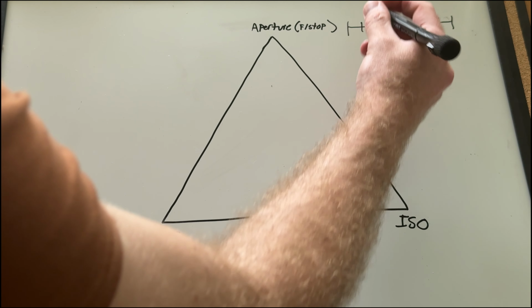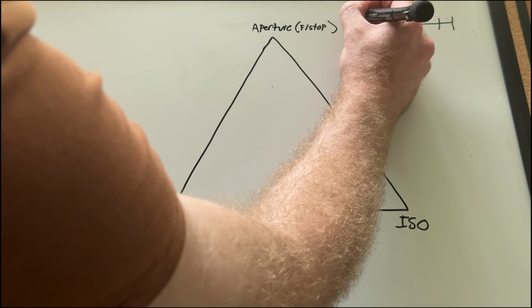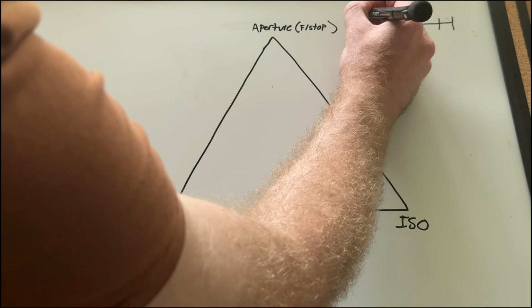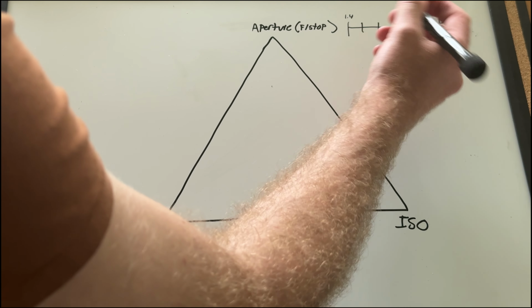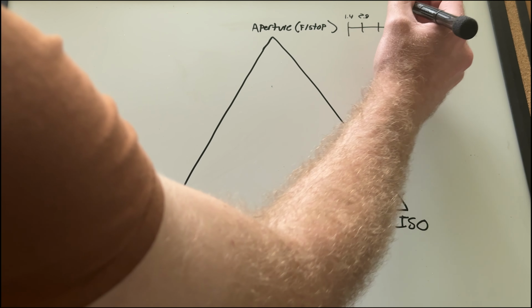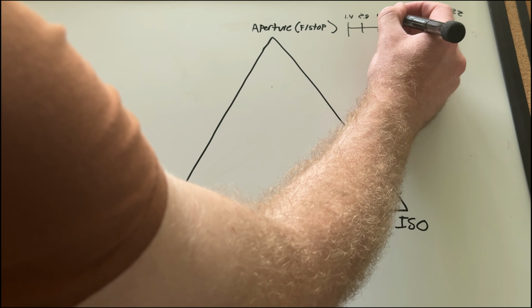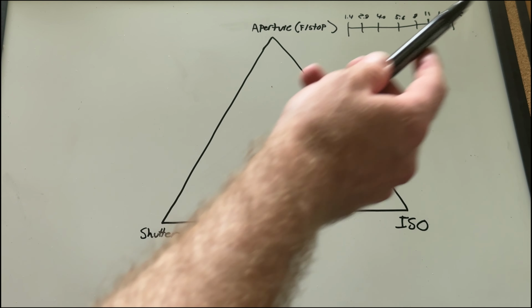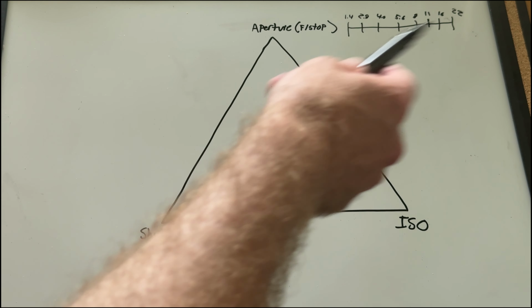So for example, we have 1.4 here and maybe 22 over here, and everything in between you have like 1.4, 2.8, 4.0, 5.6, 8, 11, 16, etc. Some lenses have more numbers than this, some have less, but you get the idea.